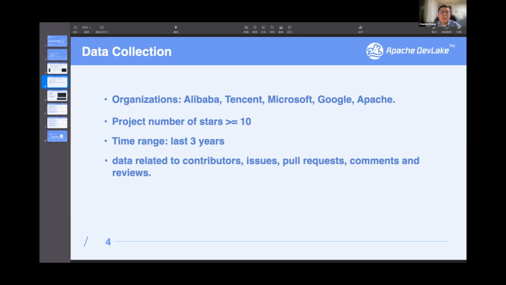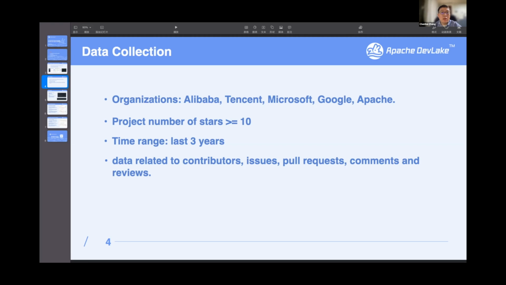So two Chinese tech corporations, two American ones, and an open source foundation. We only look at projects having at least 10 stars, so projects with some significance. And we focus the time span on the last three years, that is from January 2020 onwards.